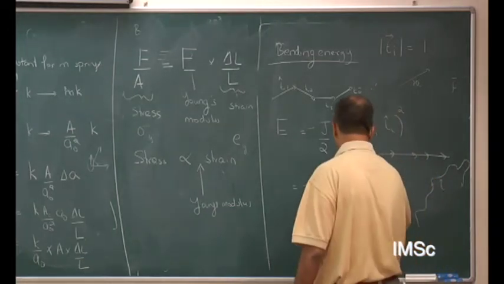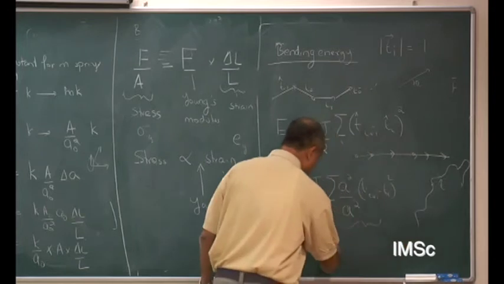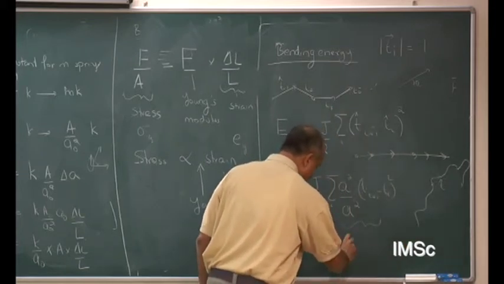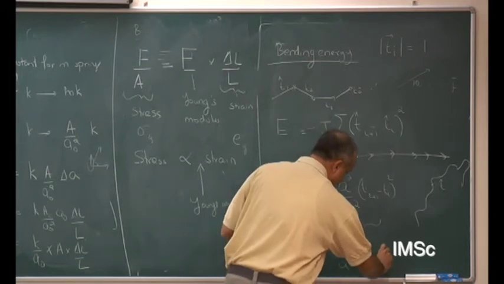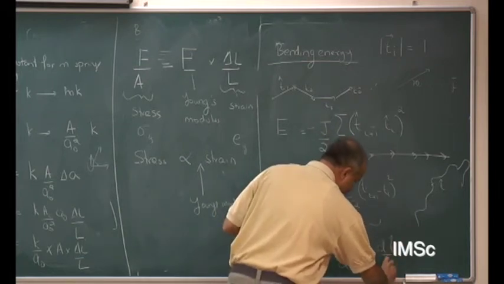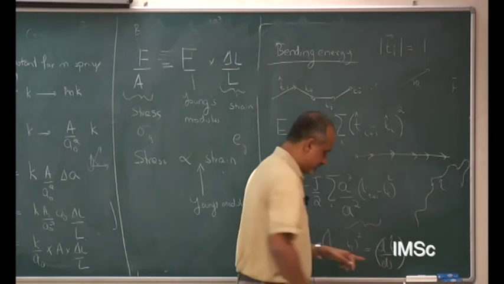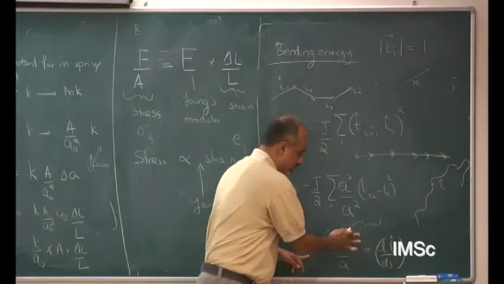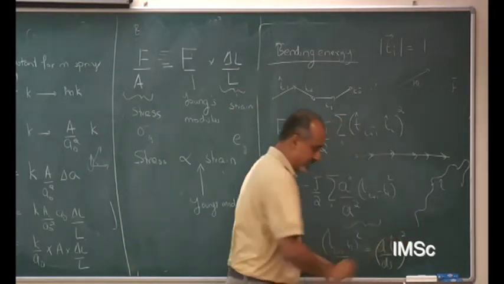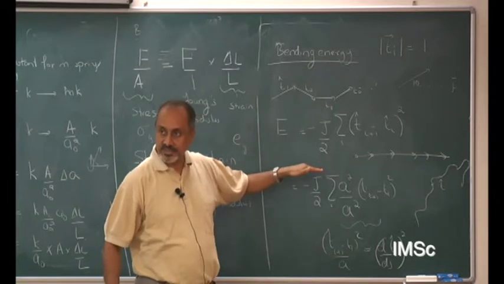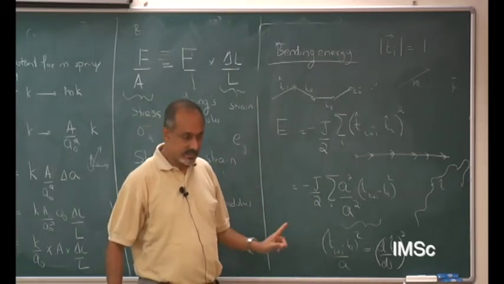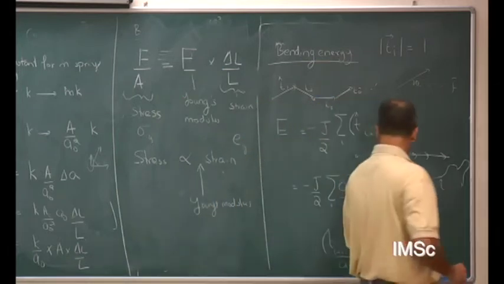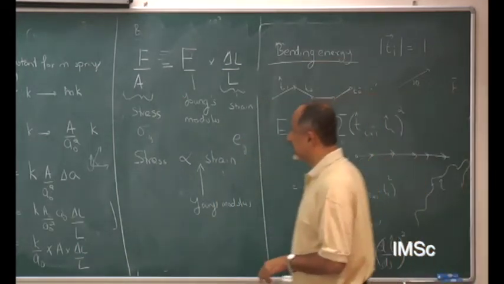When we do that, we can write this particular term, (t_{i+1} minus t_i) divided by a, the whole squared, as d t hat by ds, squared. This is just taking something that is a discrete sum and making it continuous. Now I have to worry about these other factors that I have put in here. So let me just write those factors out.